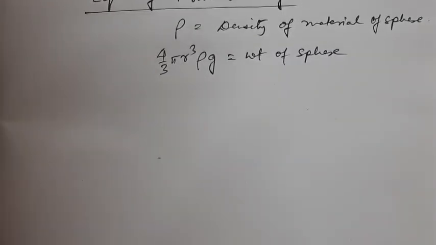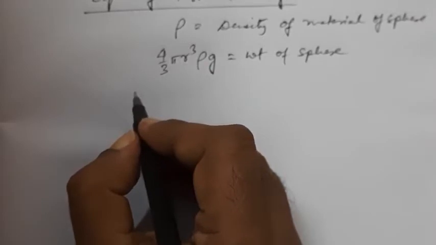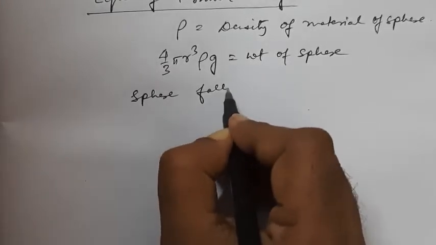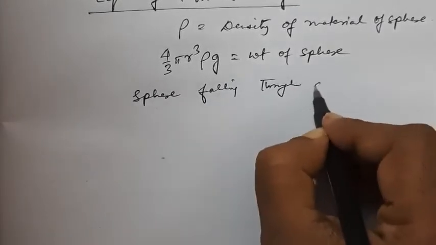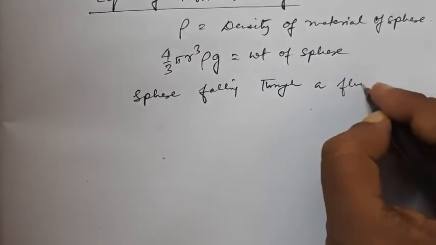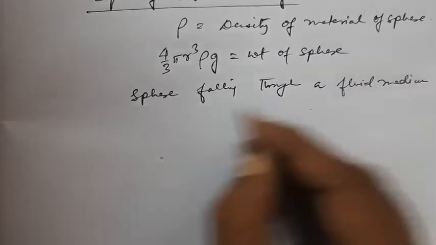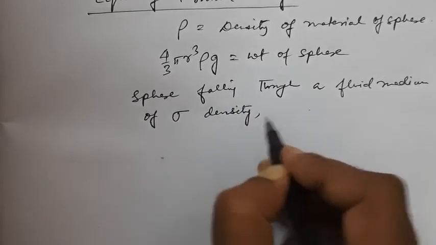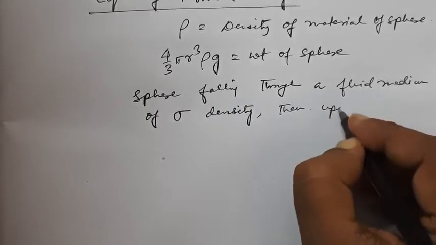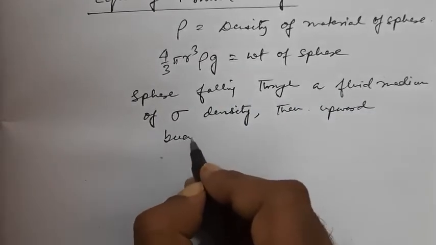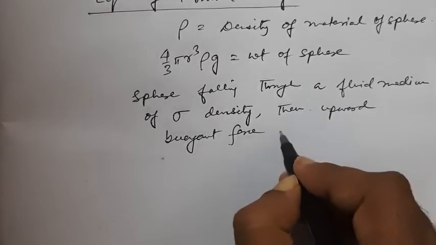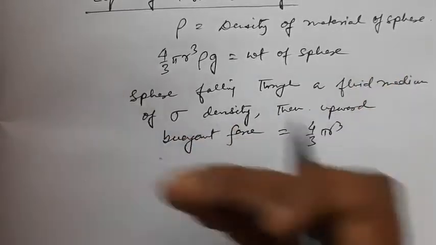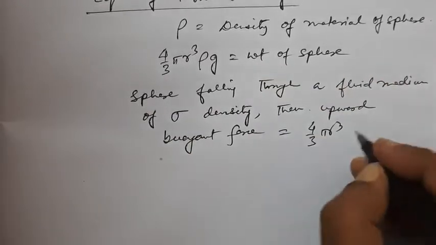Now when the sphere is falling through a fluid medium of density sigma, then there is an upward buoyant force equal to 4/3 pi r cube sigma g, because the whole sphere has displaced the whole volume of fluid, 4/3 pi r cube.